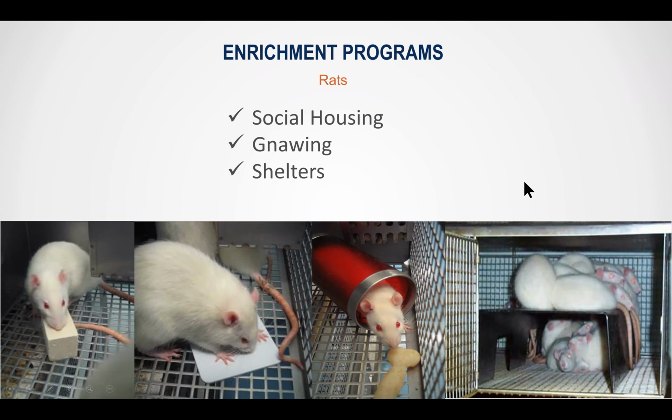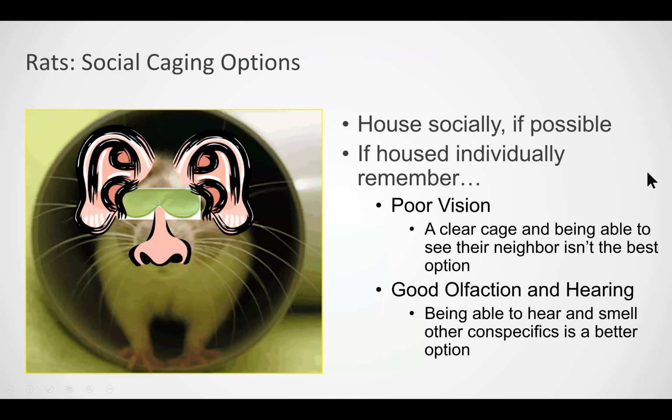And they also enjoy having shelters. So you can notice on the middle image there, there's a rat inside of a tube that makes them feel secure and safe. And then there are a lot of rats on the far right-hand side, and they're all grouped together. They're very happy to be in this enclosure all together. So the first thing you want to do, remember, is to house them socially if at all possible.